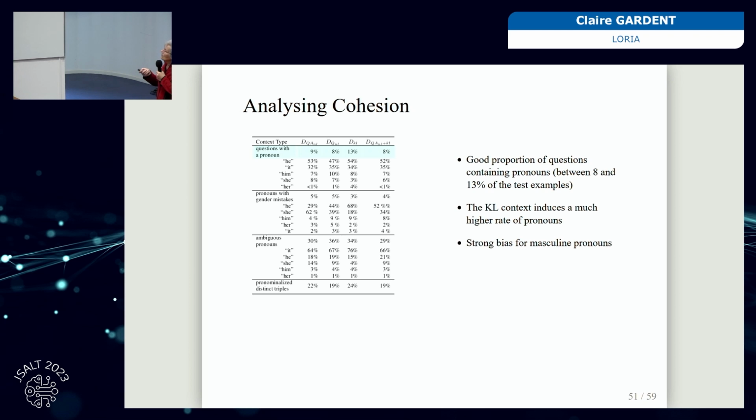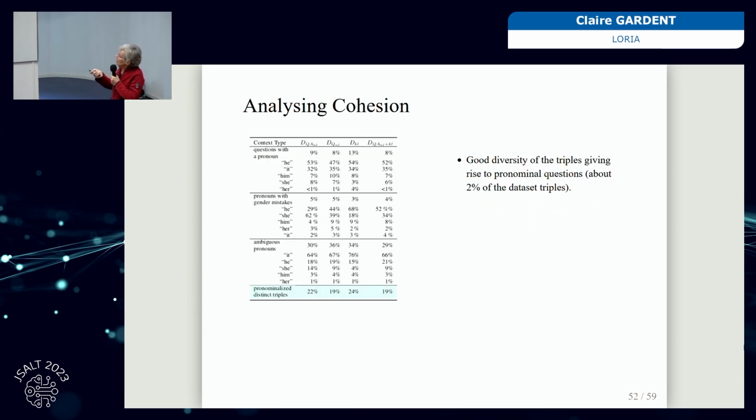We see that there are differences between contexts. In particular, if the context is only the triple, the facts, then you have a higher rate of pronouns, for which we don't have any good explanation. And there is a strong bias for masculine pronouns, probably due to the Wikipedia data, to the fact that it talks more about men than women.